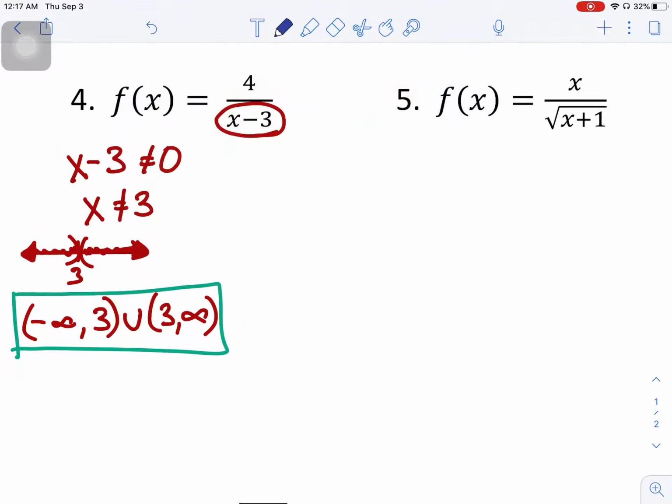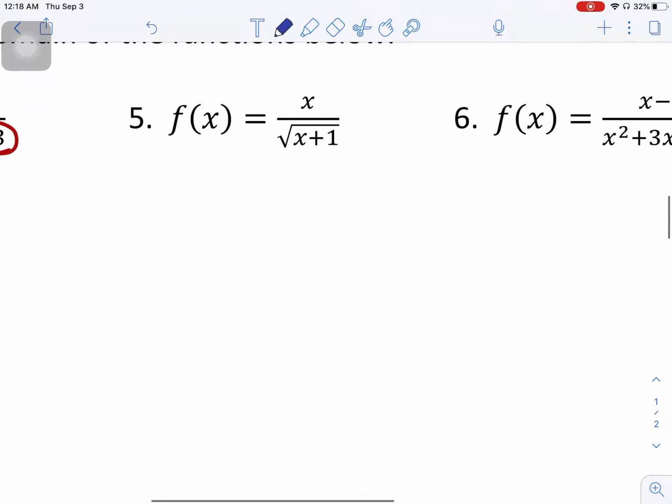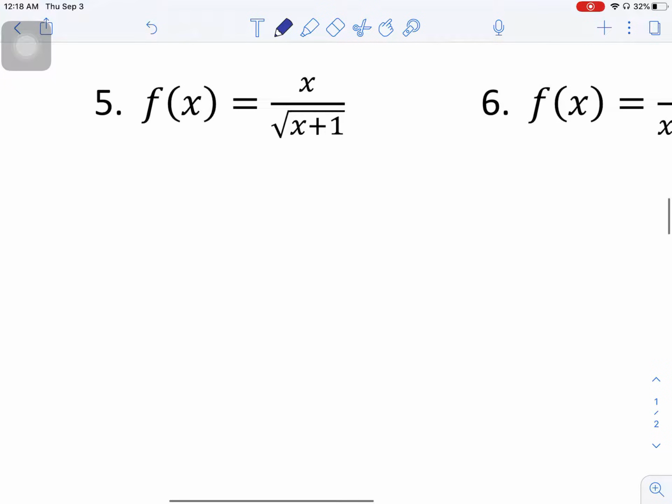If I take a look at example 5 here, my focus is square roots and the denominator. So I have, oh look, a square root in the denominator. A couple of things here.